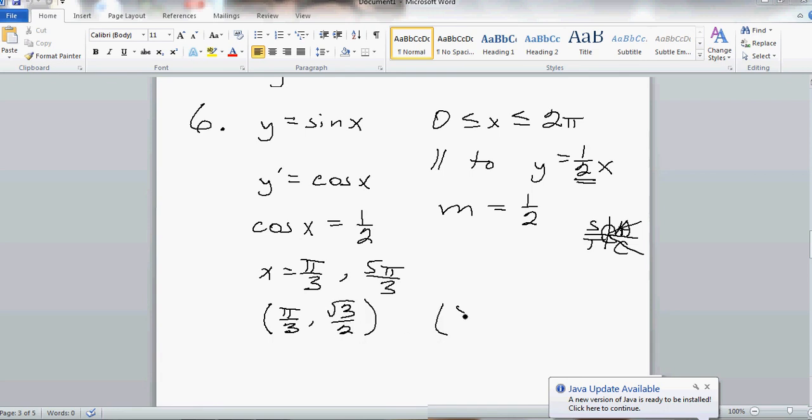And at 5 pi over 3, we know the sine is negative, but it's going to have the same reference angle, so it'll be negative root 3 over 2. And so the final answers are pi over 3, root 3 over 2, and 5 pi over 3, negative root 3 over 2.